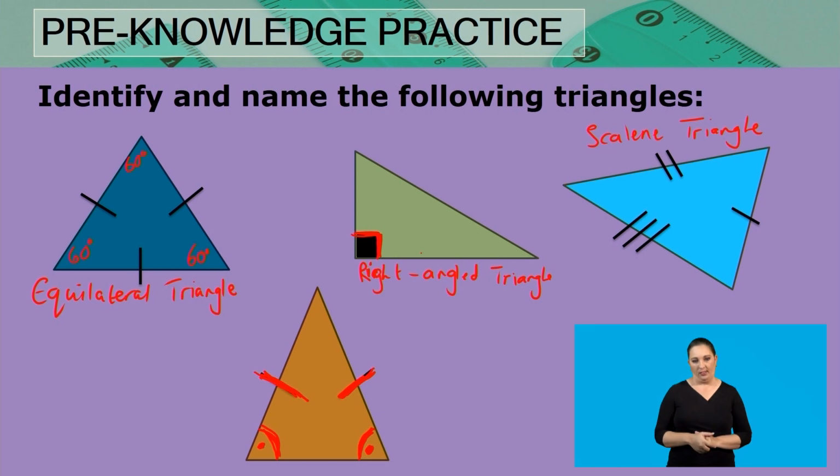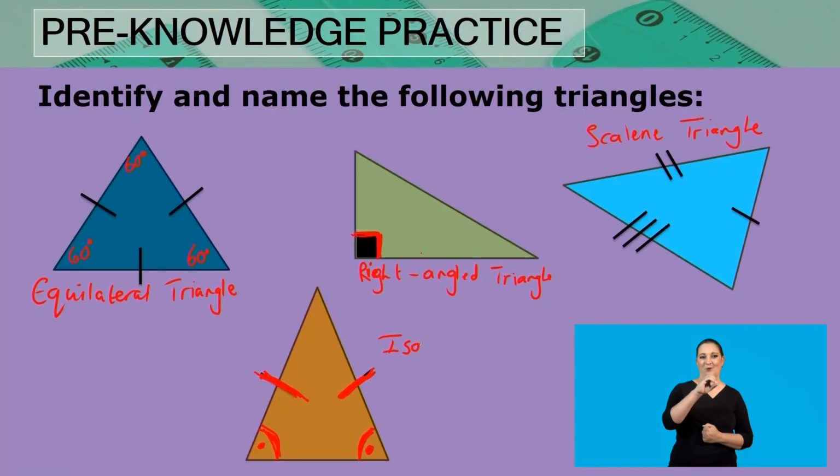So those two angles are equal. And what type of triangle is that? Yes, it is an isosceles triangle. An isosceles triangle has two sides that are equal and two angles that are equal as well. And those are the types of triangles that we have.